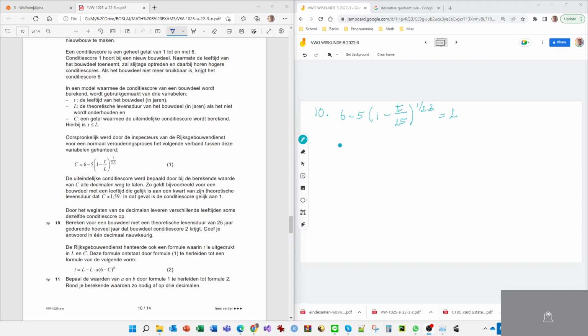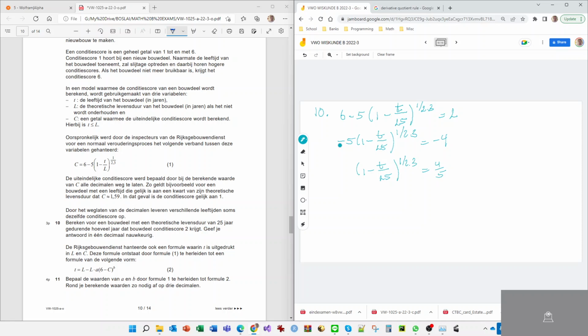So let's bring 6 to the other side. You get minus 5 times (1 minus T divided by 25) to the power, equals minus 4. Divide both sides by minus 5, so you get 4 over 5.